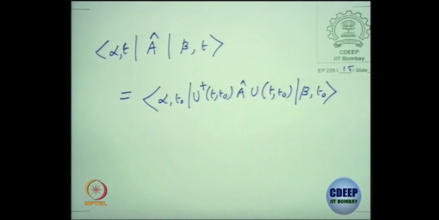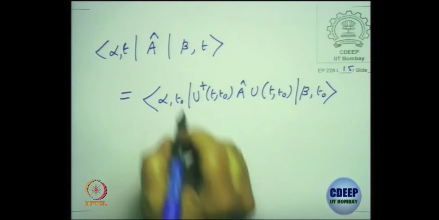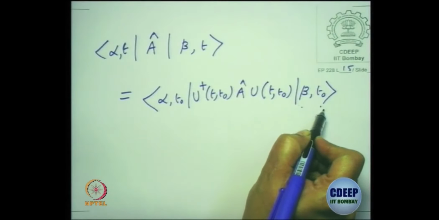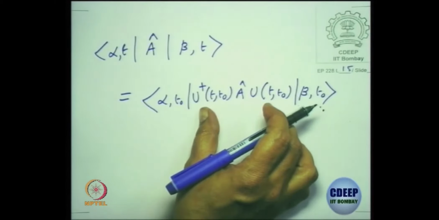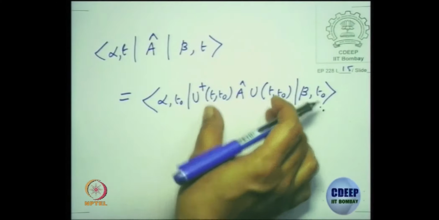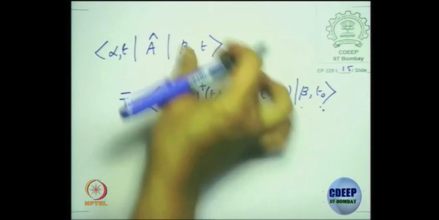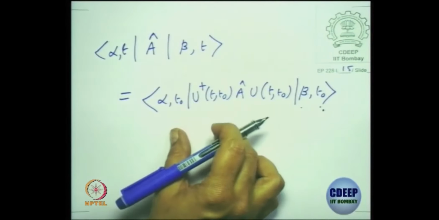This is kind of ringing some bell. Something it conveys, this equation. What does it convey? You can try to freeze the state, change the operator, and make sure that the matrix element, whether I work with the state evolved or the operator evolved with the state fixed, is the same.